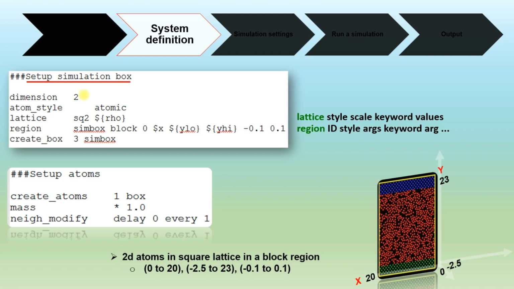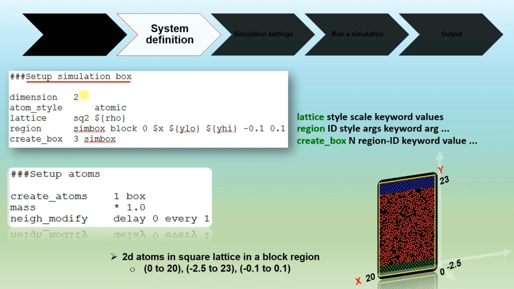Style can be delete or block, cone, cylinder, or prism, etc. Style block defines bounds of the block in all dimensions with arguments as starting and ending values in each dimension, which is x and y in 2D, while it also includes z for a 3D simulation. And zero or more keyword values can be appended.